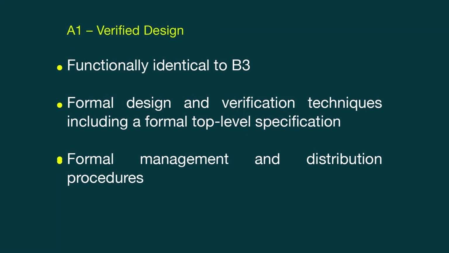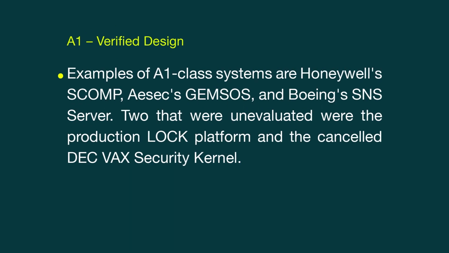Formal design and verification techniques including a formal top level specification. Formal management and distribution procedures. Examples of A1 class systems are Honeywell's SCOMP, Aesec's GEMSOS and Boeing's SNS server. Two that were unevaluated were the production LOCK platform and the cancelled DEC VAX security kernel.